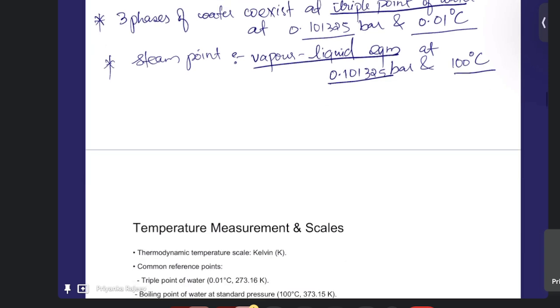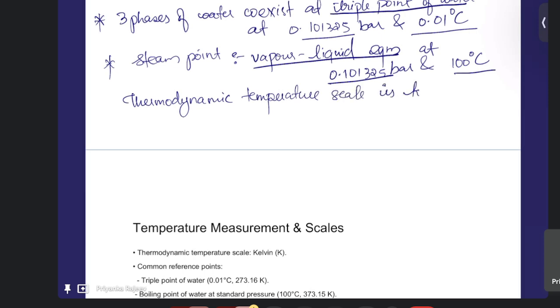And then we are talking about temperature scales. The absolute thermodynamic temperature scale is Kelvin.